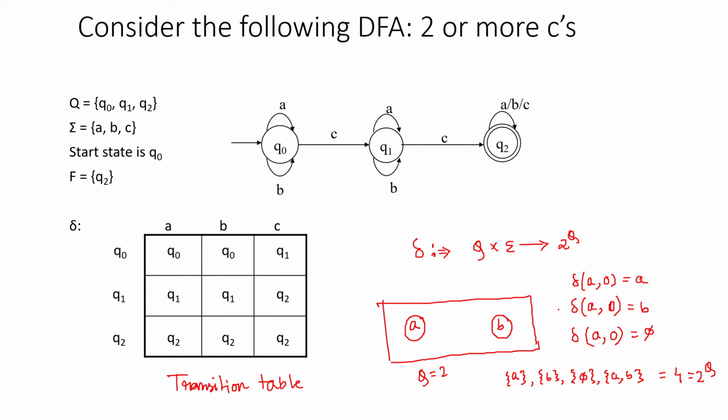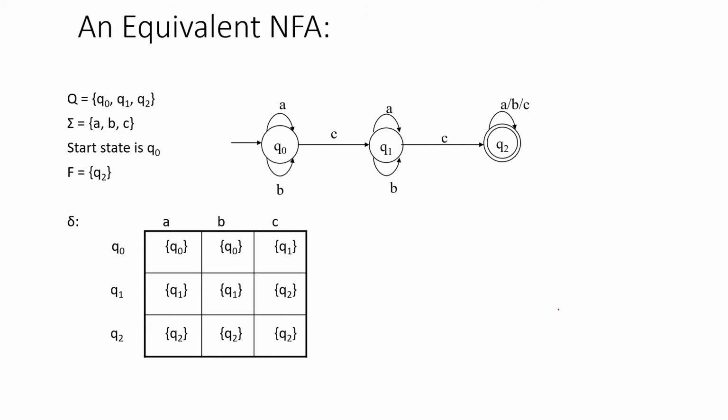Even the Q, sigma, the starting state, the final state, nothing is changing. Only the way of representing the transition table changes. Instead of only writing Q0, we are considering that Q0 is the only state in this set.